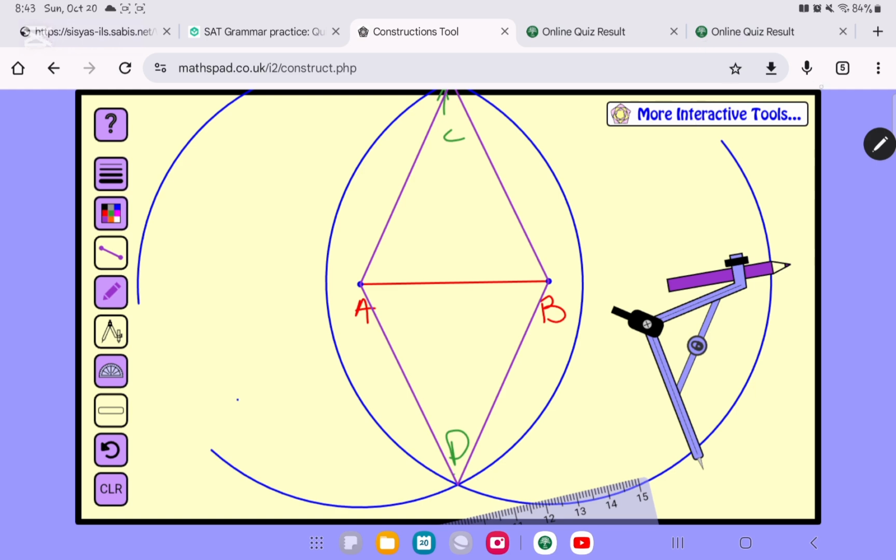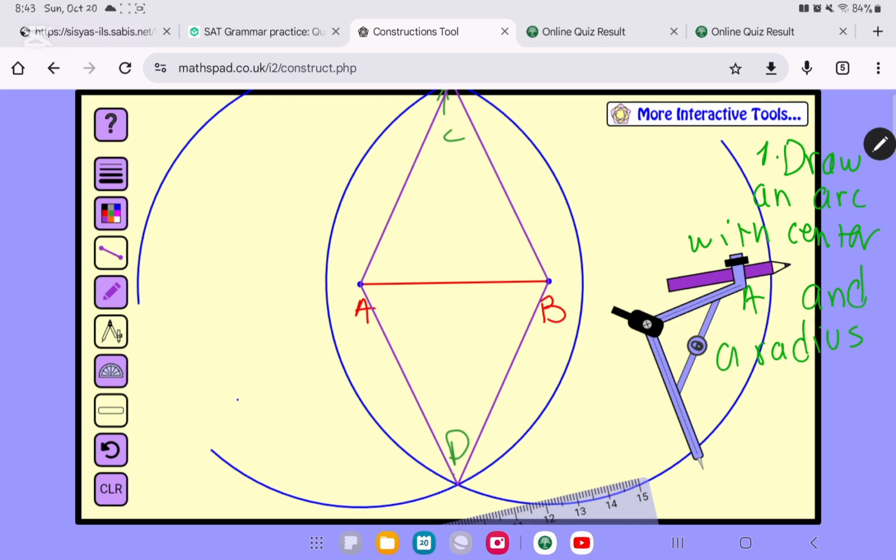So let me write the steps, okay? Let me change the color. The very first thing we did was draw an arc with center A and a radius of how much did they need it?